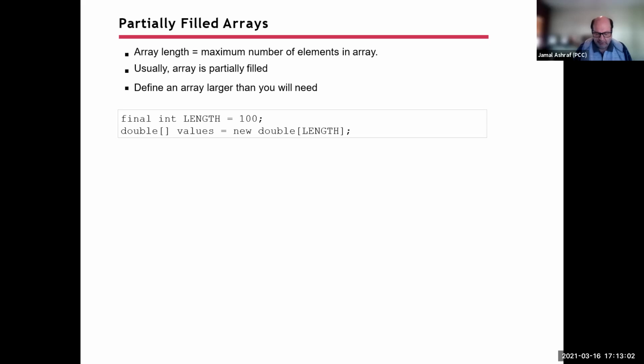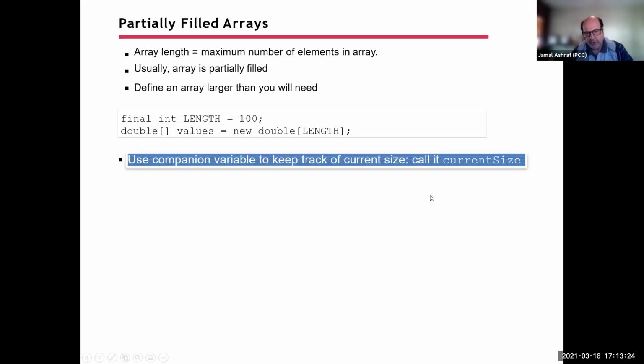So if I want to create an array for my students, I say, okay, the top level is 30, maybe I can go to 35, 36. I'm just going to go a little more. I'm going to set it to 50, or in this case, they set it to 100. But definitely, I'm not going to use all of them. So we're going to create a variable, again, similar to your C++.